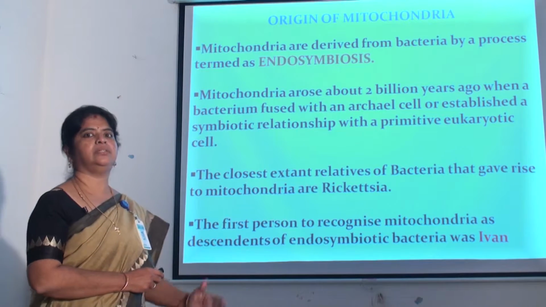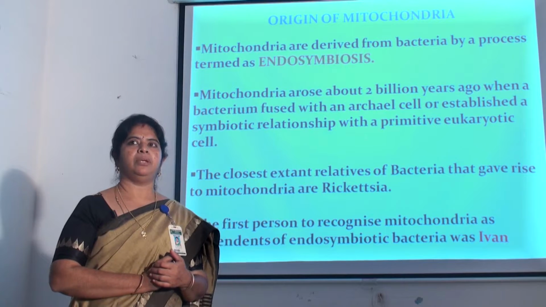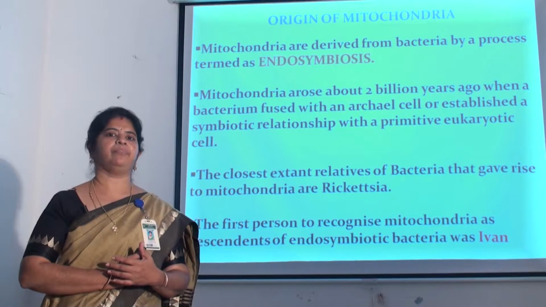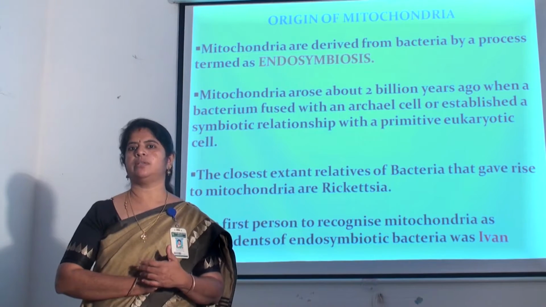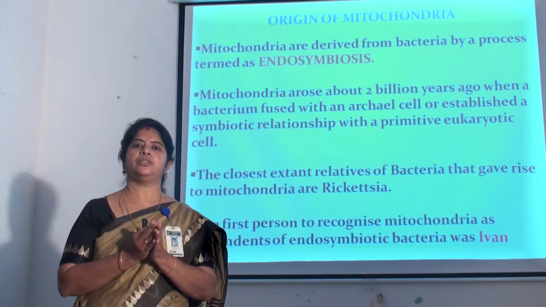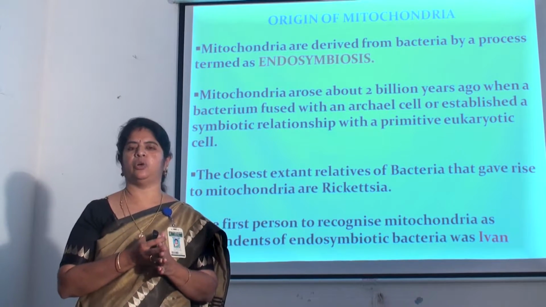Before that, we have to know about the origin of the mitochondria because of its special features. There are many theories regarding the origin of the mitochondria, but the special theory is called endosymbiosis. Symbiosis means a mutual relationship between two living organisms.